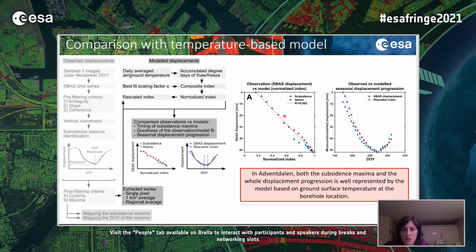So on the left, sorry, horizontally, on the x-axis, you have the fit between the normalized index based on temperature, and the y-axis is the observation, so the actual InSAR measurements. And this plot on the right shows the whole seasonal progression of the InSAR observation compared to the model.